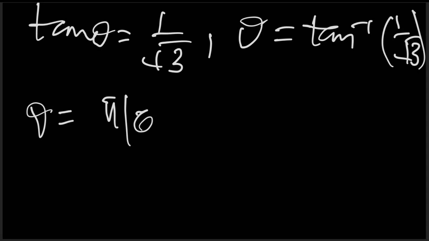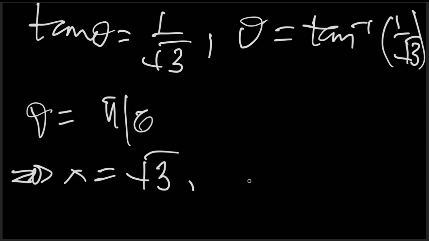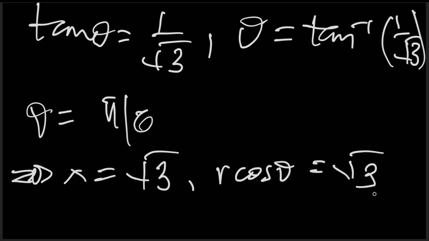So we will say when x is equal to √3, then from the polar coordinate, r cos theta will be equal to √3, because x is equal to r cos theta.